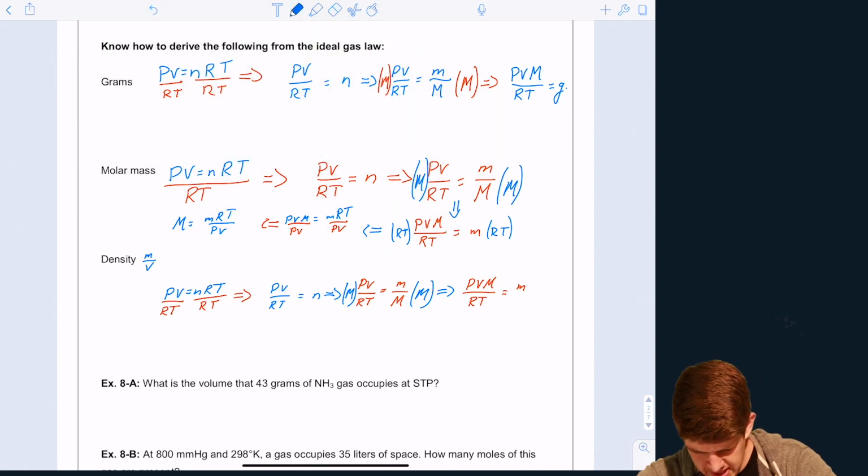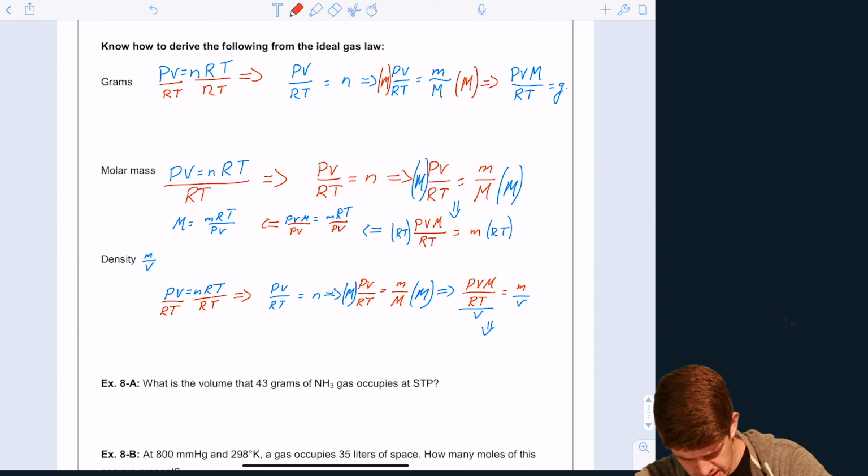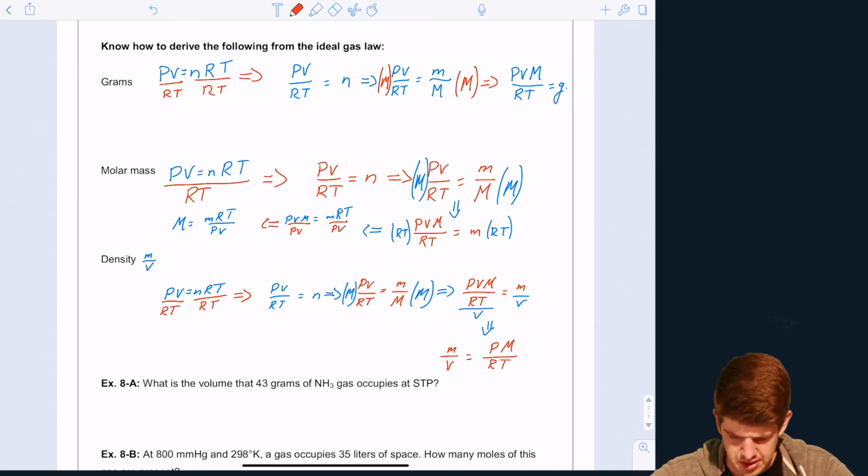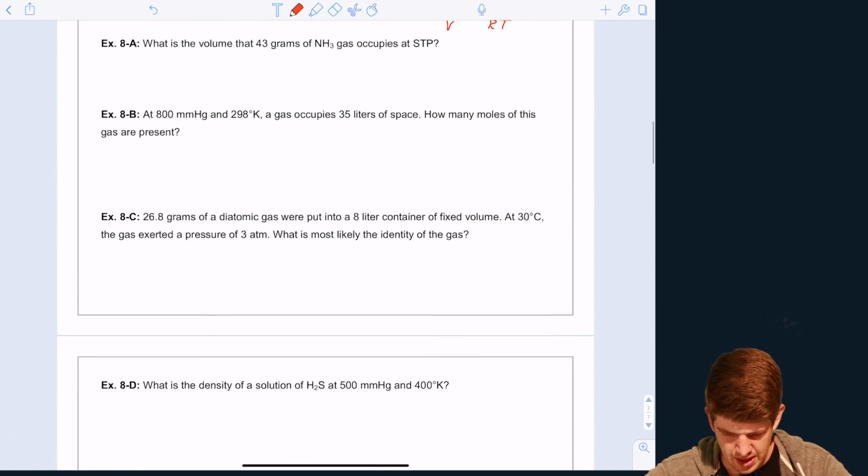And lastly, by dividing both sides by V, I have mass over volume is equal to pressure times the molar mass over RT. So there are the three derivations. Now let's move into practice problems.